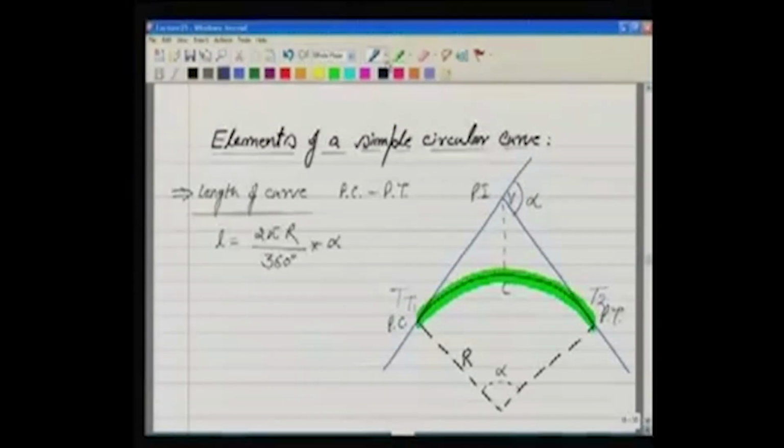Very often you will find it like that, T1 and T2. So this distance is length of curve, and you can very easily calculate that length of curve is given by 2 pi r by 360 into alpha in degree. What is alpha? Alpha is the angle of intersection. I am not going to derive all these formulae over here, but you can easily compute that it should be like this.